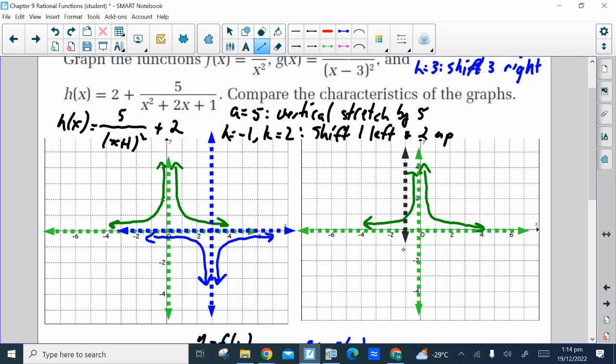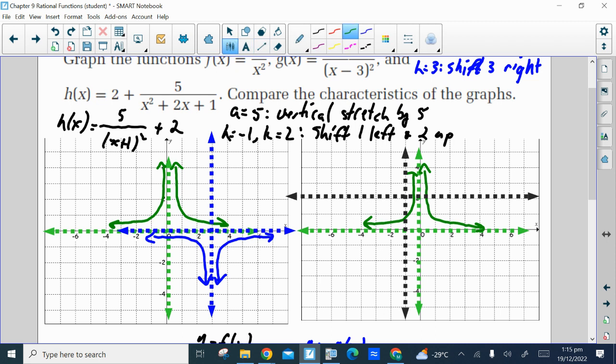So our vertical asymptote will go to the left 1, up 2. So our horizontal asymptote will go up 2, as well as vertically stretched by a factor of 5. So it's just going to get steeper a little quicker.